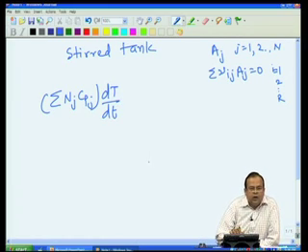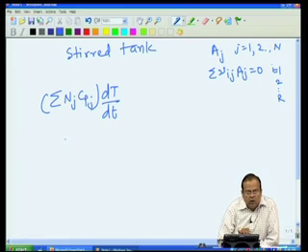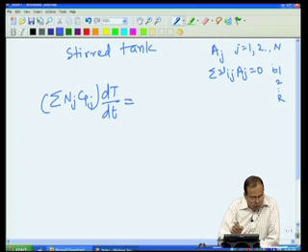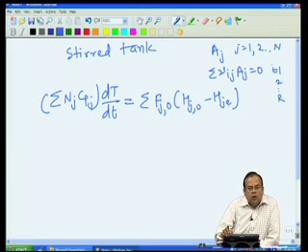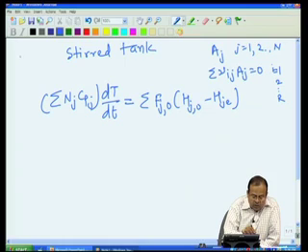So, this is my energy accumulation term. Nj is the moles of species j, Cpj is the specific heat. We had derived this equation in earlier classes. So, this is equal to summation Fj0 (Hj0 minus Hj). Fj0 is the molar flow rate of species coming inside.